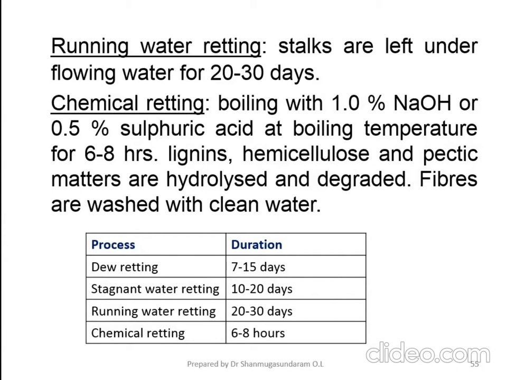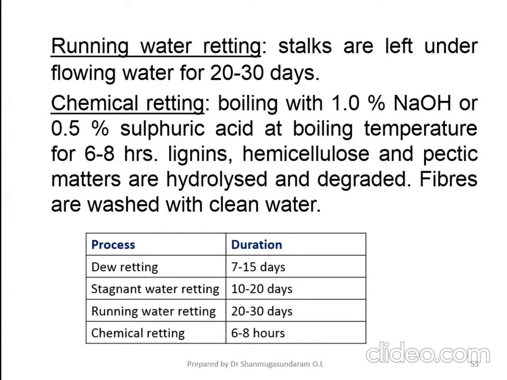So which retting would you prefer for the extraction of fiber from the plant? Please tell me. Chemical retting. Yes, because it takes only 6 to 8 hours. Okay, so that is the reason why you are choosing chemical retting.